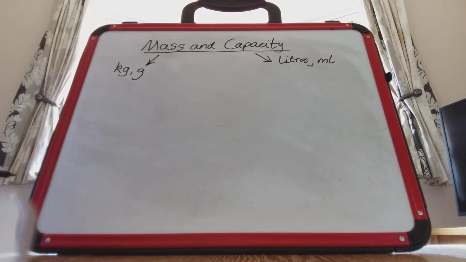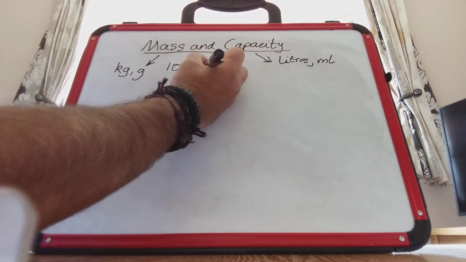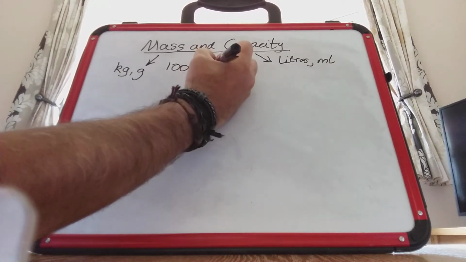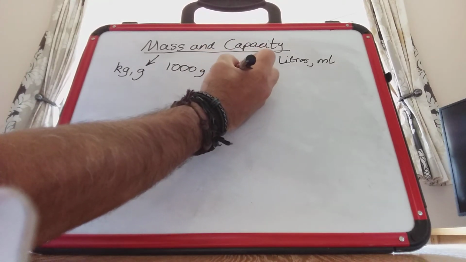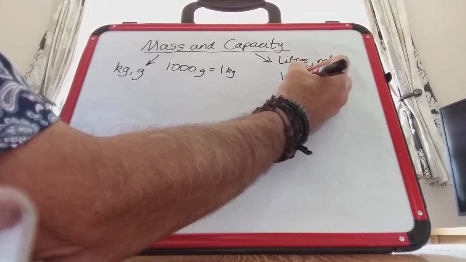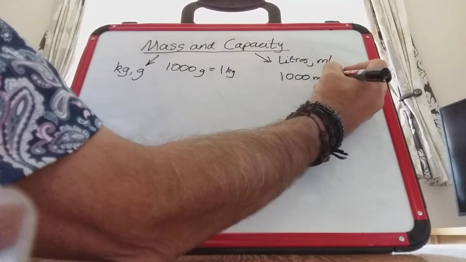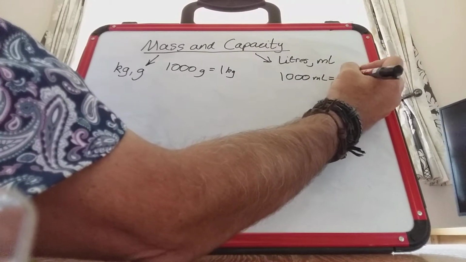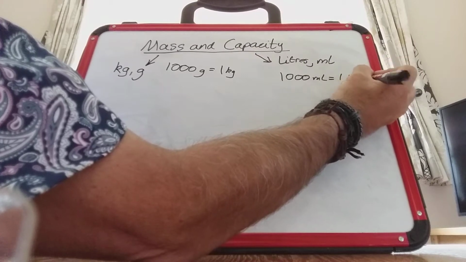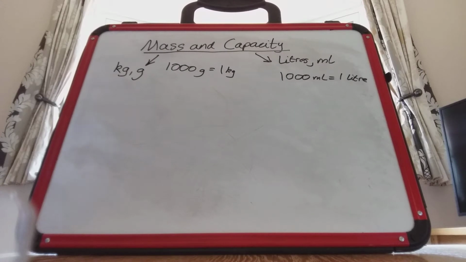Okay, the most important thing you have to remember is that 1000 grams equals 1 kilogram, and that 1000 millilitres equals 1 litre. So if you don't know those, you have to learn those because they are the most important thing.